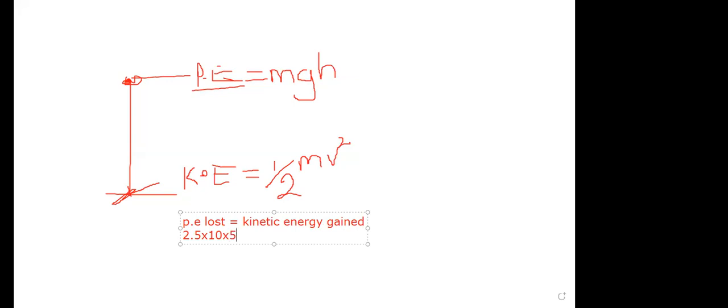All this has been converted to, on this side we have a half, which is 1 over 2, times m, which is mass. So our mass, remember, is 2.5.